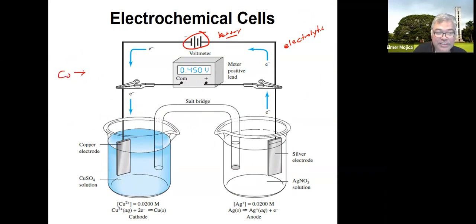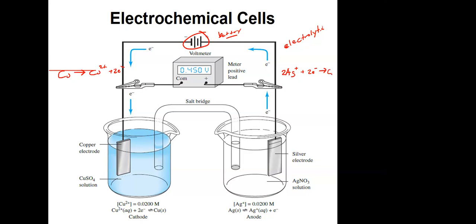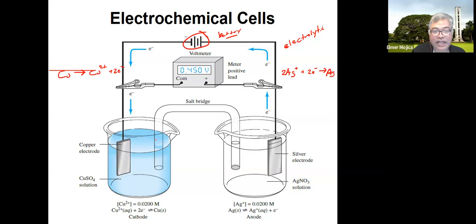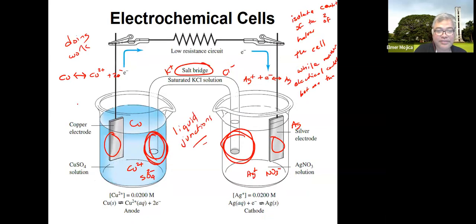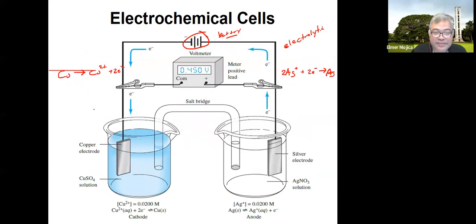So the copper is the one that is being oxidized, and this one is the one that is reduced. If you look at the overall reaction, here it's copper. And on the other side, it's the reverse.